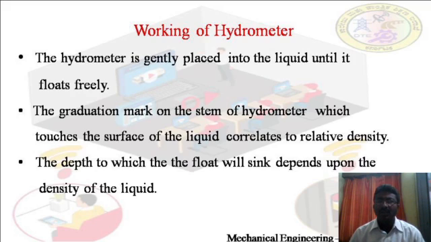Then the point or graduation mark on the stem at which the surface of the liquid touches, that is the graduation at which the surface of the liquid touches, is noted down.